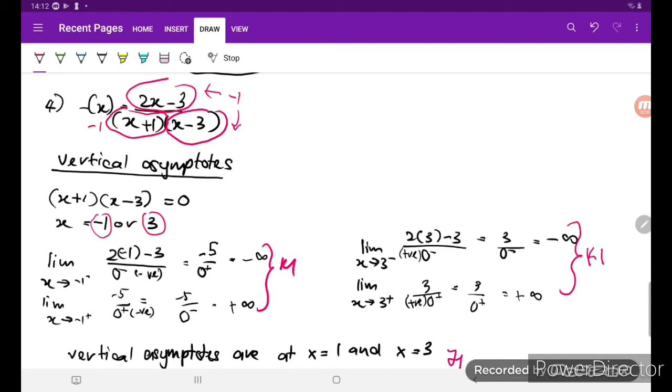Okay, that's why I get the numerator, I get -5. Okay, just write positive, because -1 minus 3, I will get -4, right? So that's why I put negative. The only term I substitute with -1 is this term.